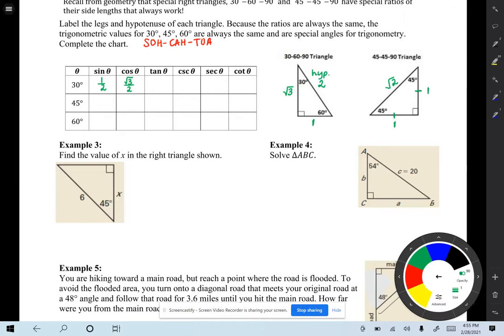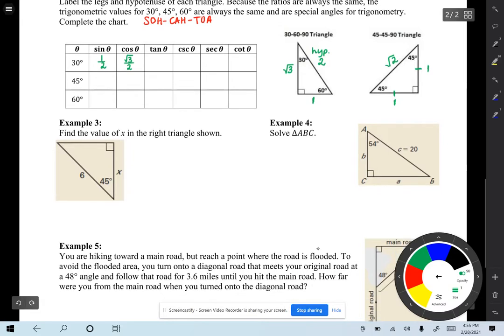Okay, tangent of 30 degrees is opposite over adjacent. You cannot leave it like that because you cannot have a radical in the denominator. So simplifying it, multiply top and bottom by square root of 3. And square root of 3 times square root of 3 is just 3 in the denominator. Cosecant of theta is just the reciprocal of sine, and sine was 1/2, so this is 2 over 1.